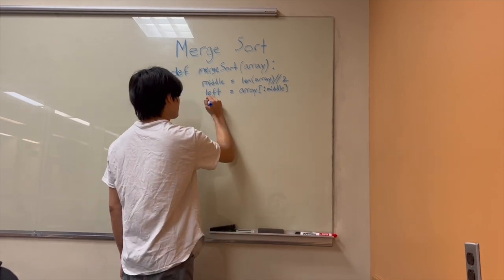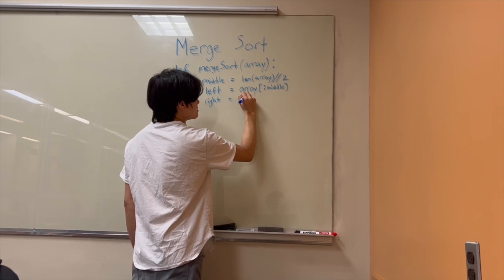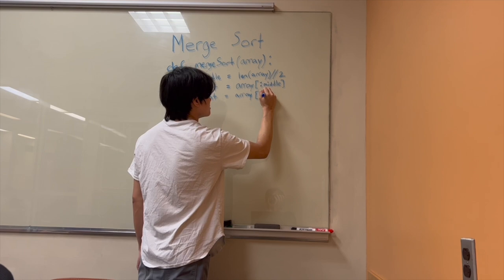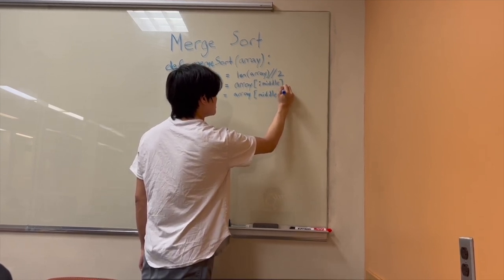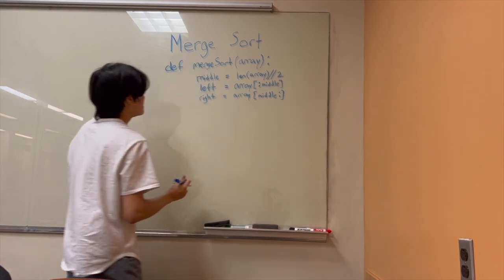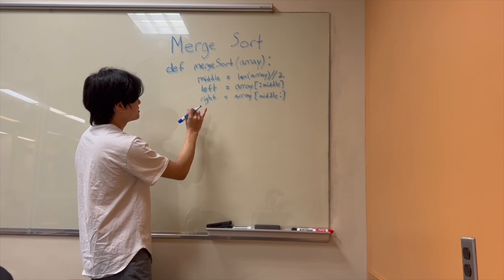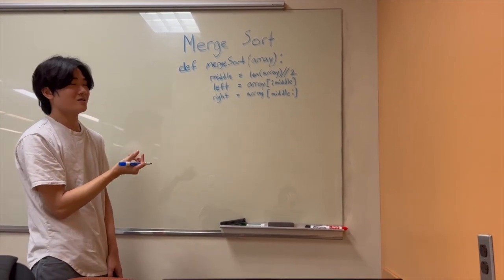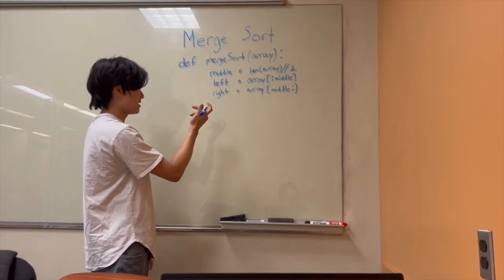And the right subarray will look like this. And so now we can check if the subarrays are greater than a length of 1, then we'll recursively split those halves into more halves.